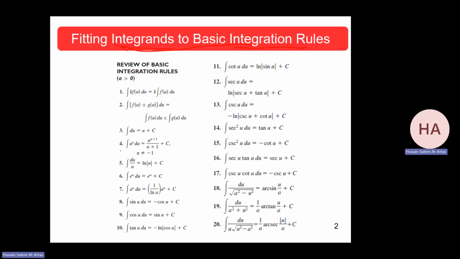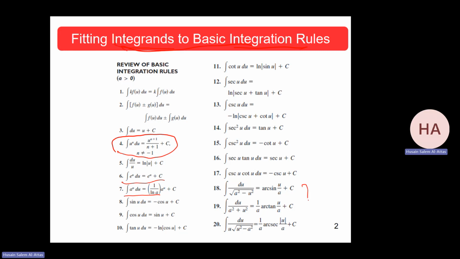For example, this is how we know the integral of e to the power x is e to the power x plus c. For a to the power x, you have to divide by ln a. The integral of sine is minus cosine, cosine is sine, secant squared is tan, cosecant squared is minus cotan, secant tan is secant, cosecant cotan is minus cosecant.